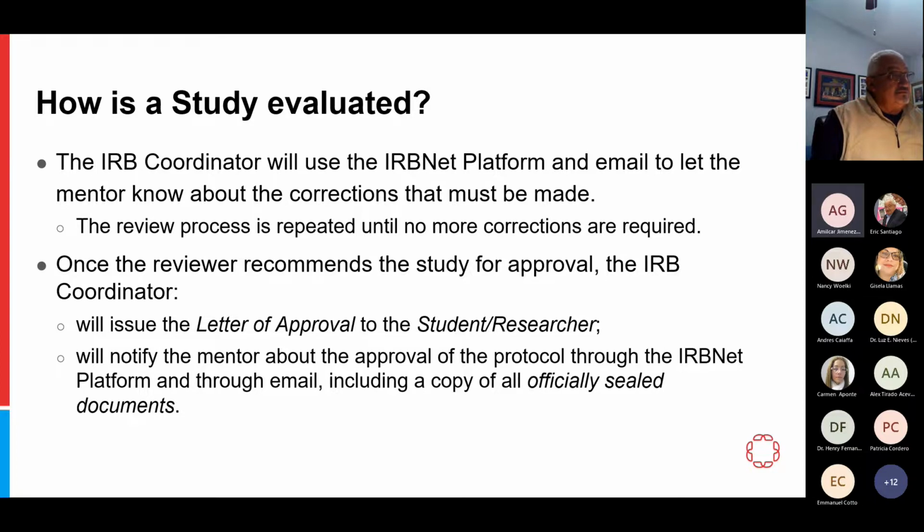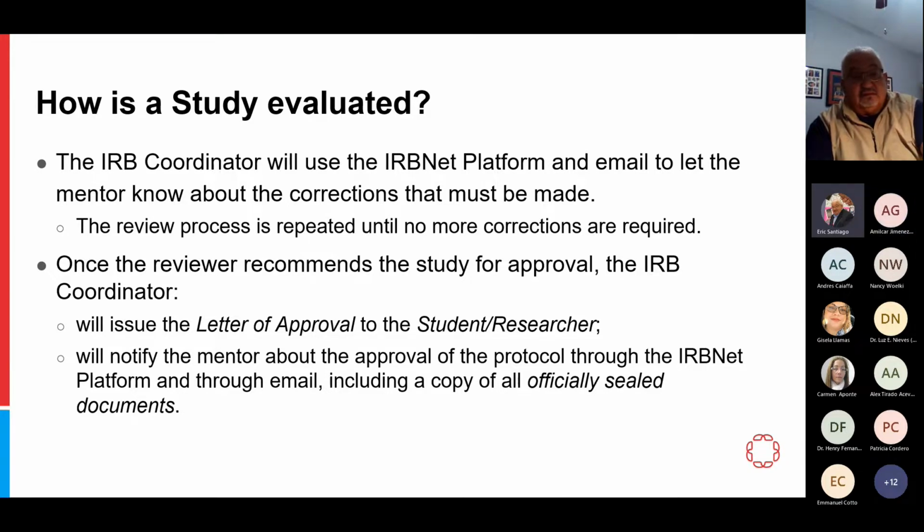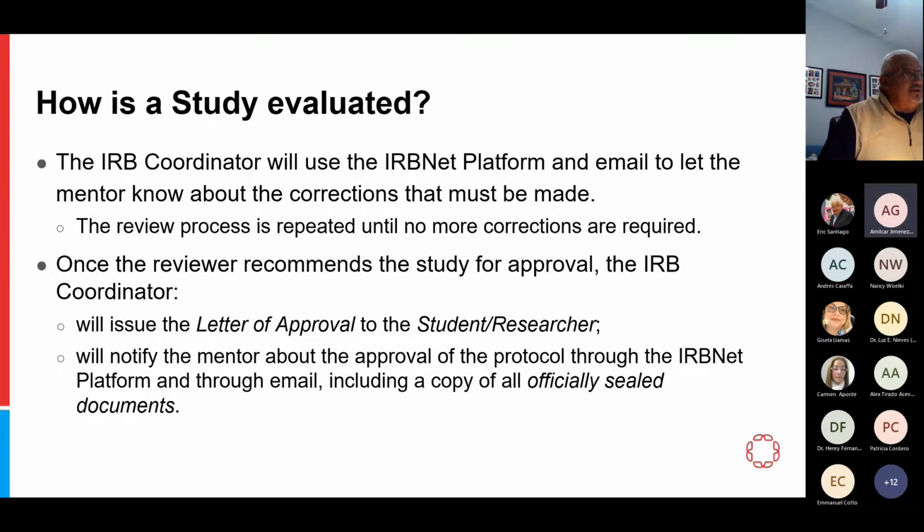For some reason, your mic is giving feedback. Are your mics very close to the speakers? Dr. Santiago, are your mics close to the speakers? No. That's okay. I will contact you separately. Yeah, write it on the chat. Okay. In the meantime, Dr. Callafa.